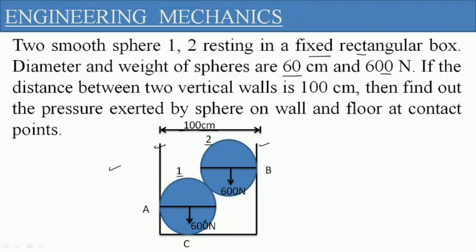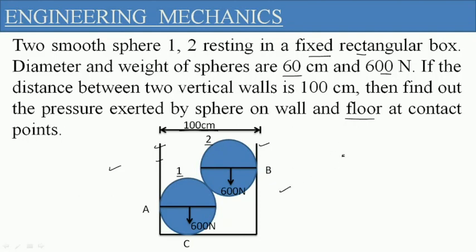At the point of contact, at that particular point, we have to define the pressure exerted by the sphere on the wall, on this vertical wall, as well as at the floor. Wherever the sphere is having contact with the floor, at that particular contact point, we have to define the pressure. So this is the numerical and here is the diagram.